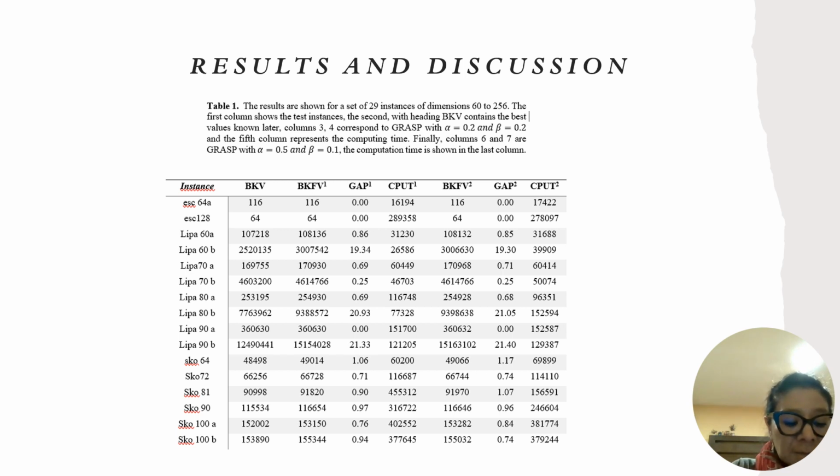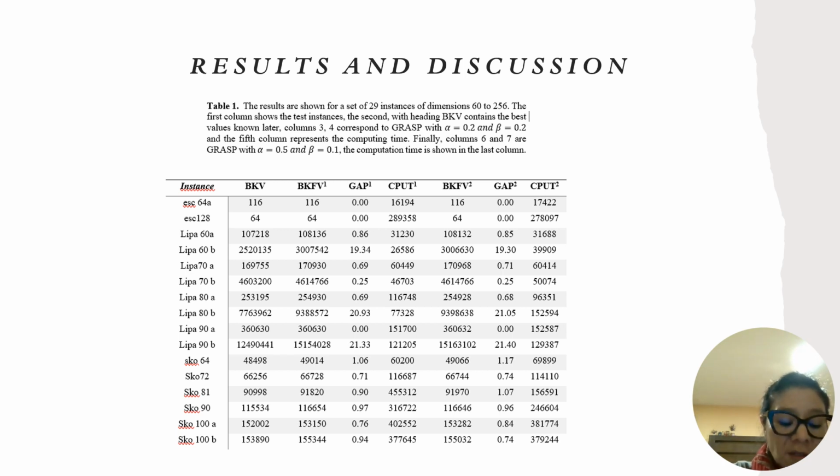Everything was processed in a computer with an Intel Core i5 with an average computing time of 189 milliseconds, and the difference in the maximum time in relation to the minimum was less than 30% for the parameters alpha 0.2 and beta 0.2.